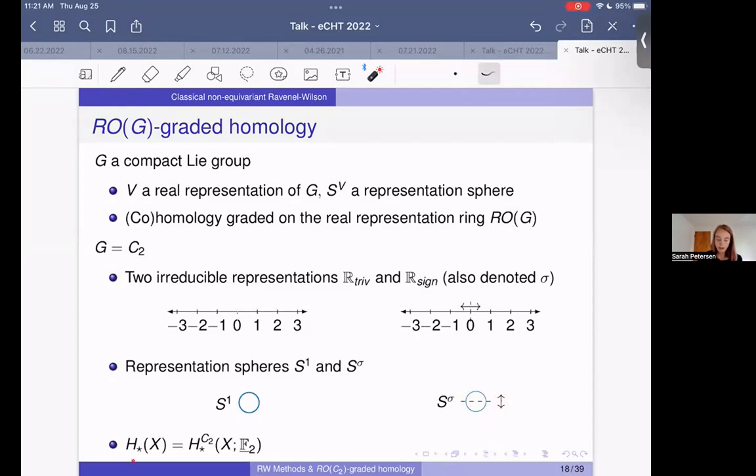So our grading for homology is then on these 2 types of spheres. We denote that with a 5-point star, and we'll take coefficients in the constant Mackey functor F2, which is the analog of the field F2.